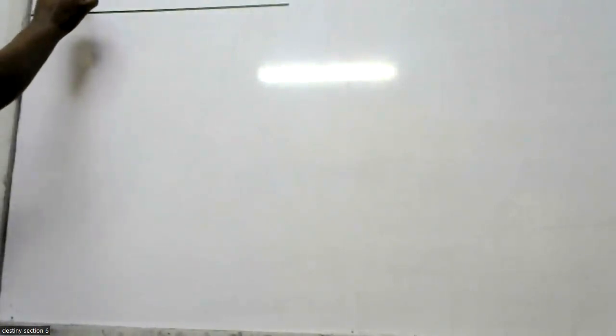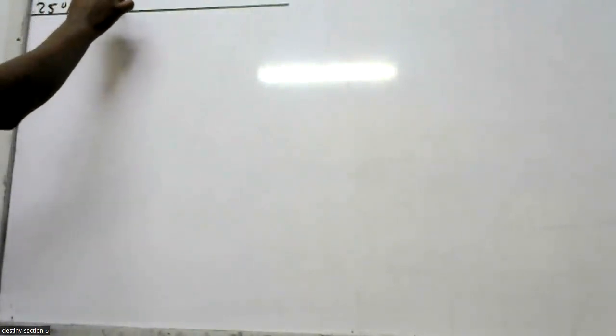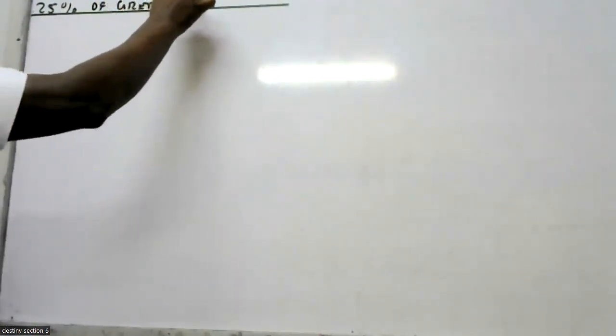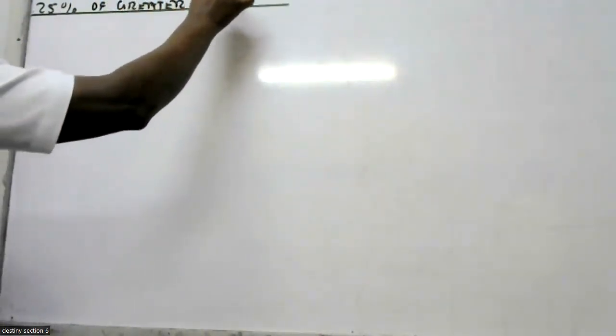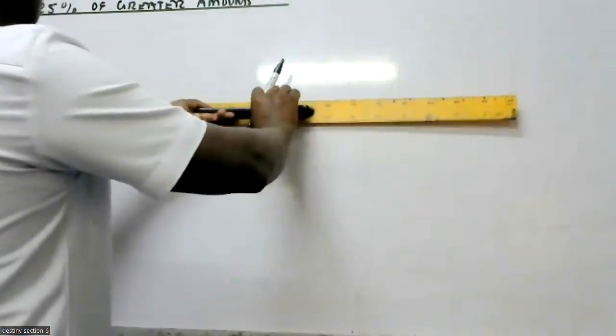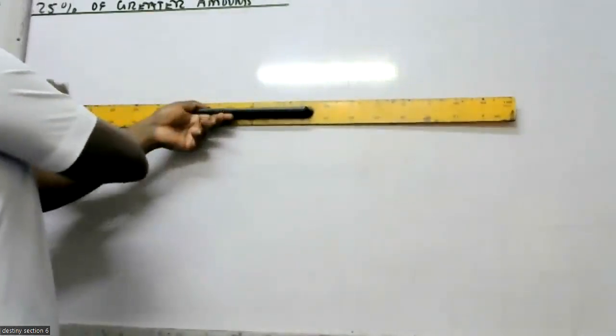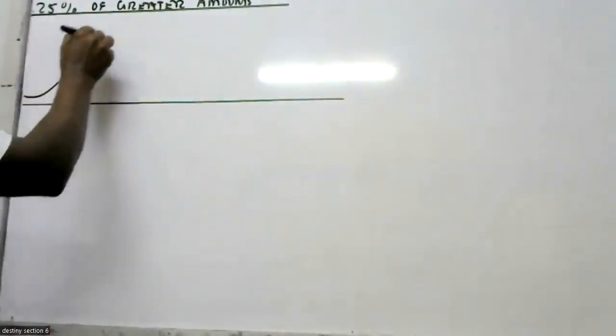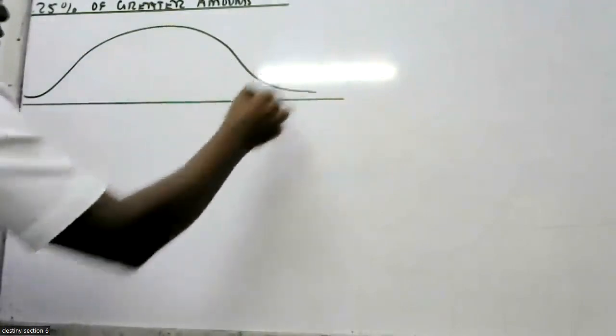So if we are told 25% of greater amounts, so we again start with our table this way.